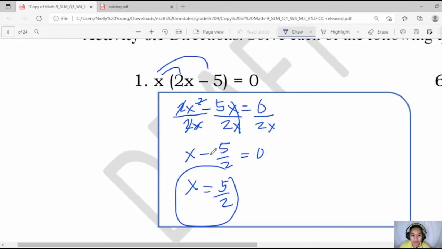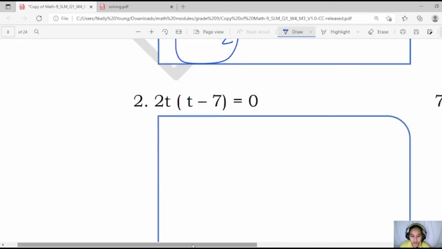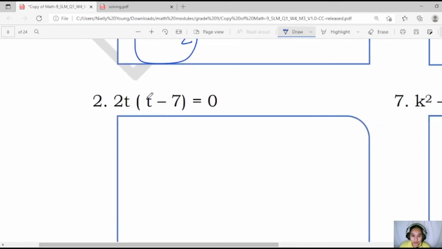Number 2. 2t times t minus 7 is equal to 0. Distributive property. 2t times t is 2t squared. 2t times negative 7 is negative 14t. That is equal to 0.